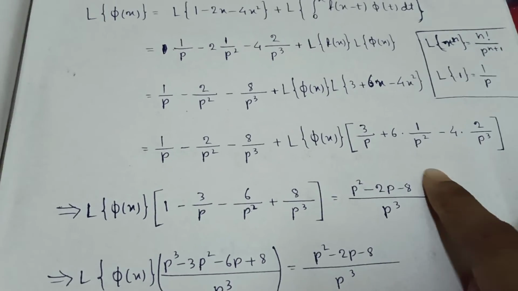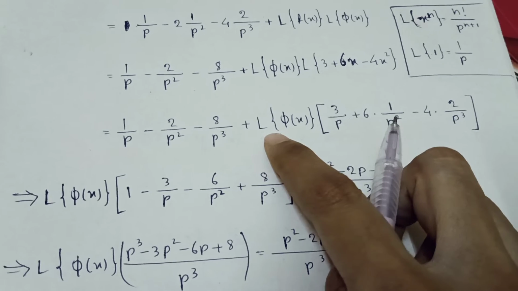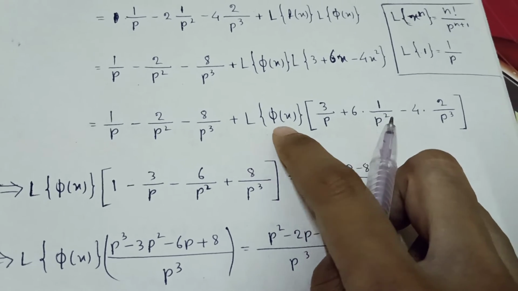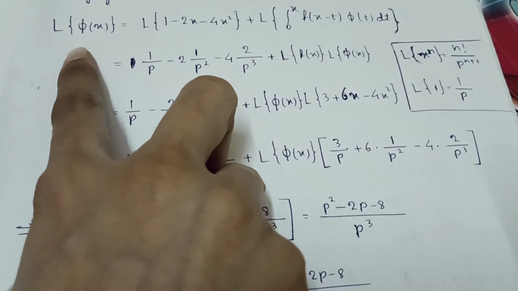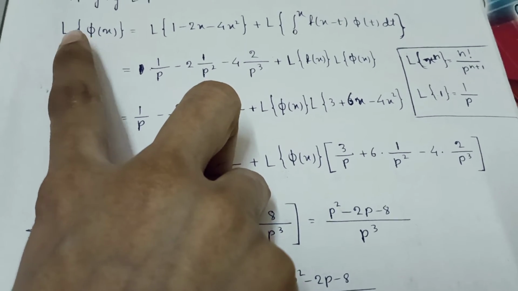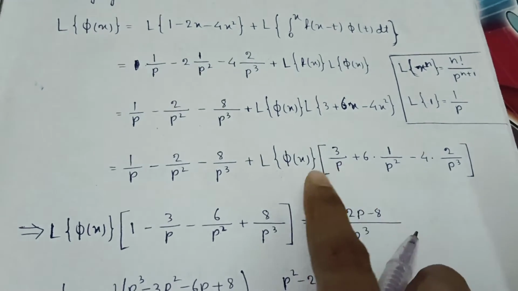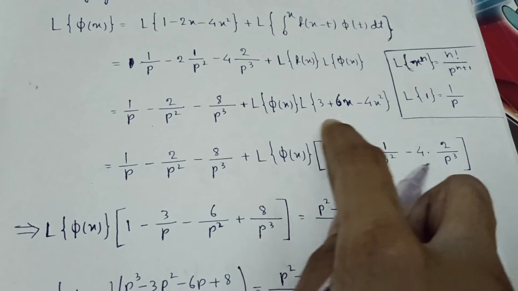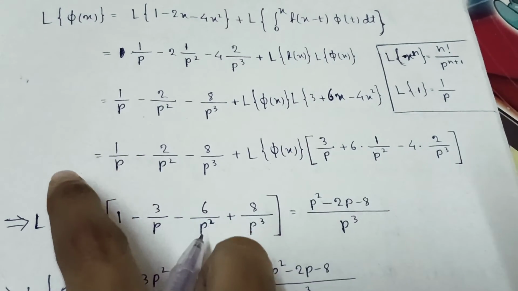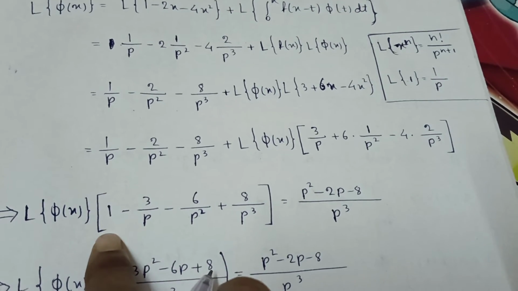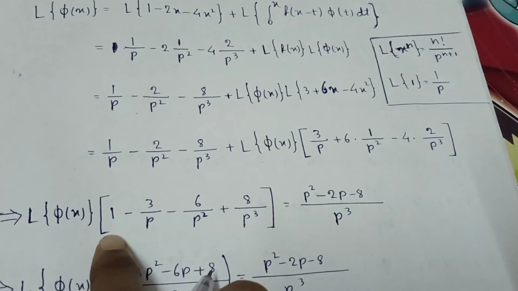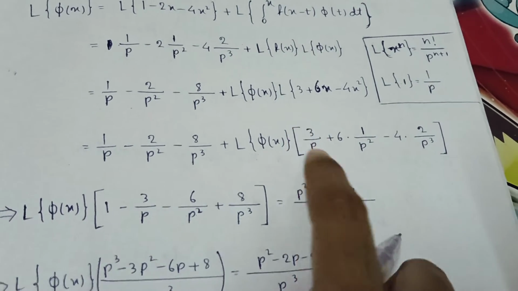Now, since there is L of phi(x) here and the same L of phi(x) on the left side, take this whole term to the left side. Taking L of phi(x) common, it becomes 1 minus this whole thing.